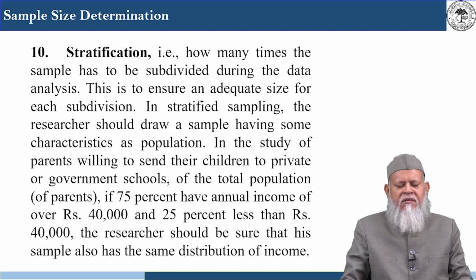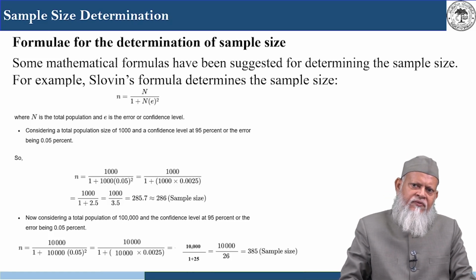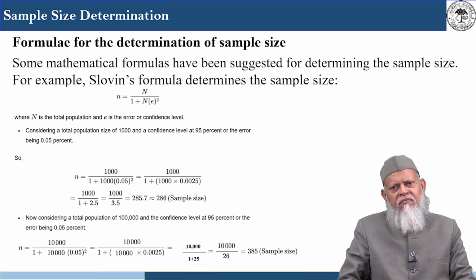That is, the distribution of the sample must be very similar to the distribution of the data in the population. Those were most of the factors responsible for the determination of the sample size.